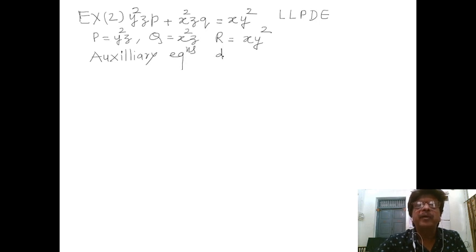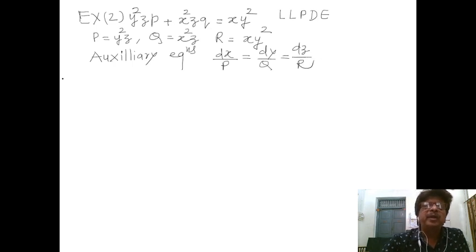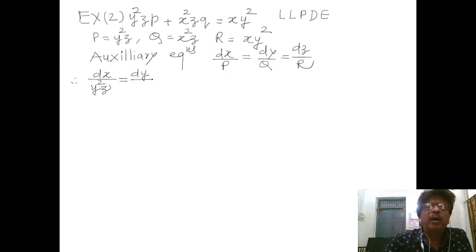What are the auxiliary equations? Its formula is dx upon P, dy upon capital Q, dz upon capital R. Substituting these values, therefore, the auxiliary equations become dx upon y square z equal to dy upon x square z equal to dz upon x y square.